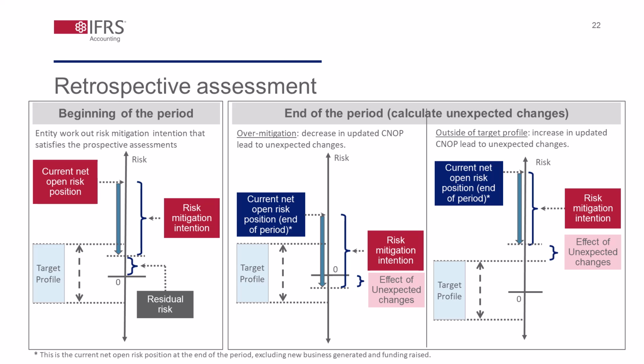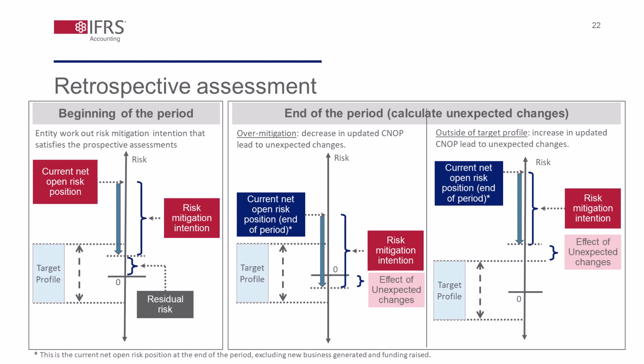Although this seems similar to the prospective assessment, the retrospective assessment is based on the current net open risk position at the end of the period, and hence includes the effect of unexpected change during the assessment period to the underlying positions that form the current net open risk position. For example, if the current net open risk position includes risk exposures from expected cash flows, the effect of any change to such cash flow expectation would be captured in this process.